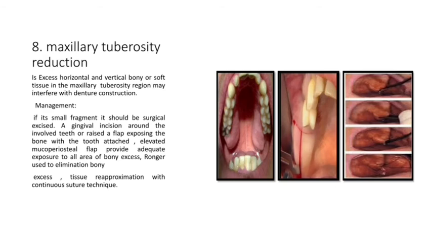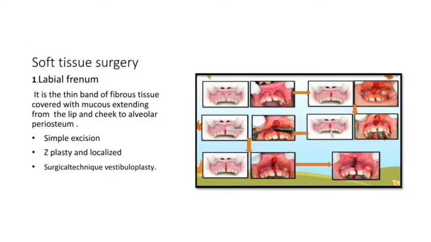Soft tissue surgery. Labial frenum. It is the thin band of fibrous tissue covered with mucosa extending from the lip and cheek to the alveolar periosteum. Treatment options are simple excision, vestibuloplasty, and localized surgical technique.